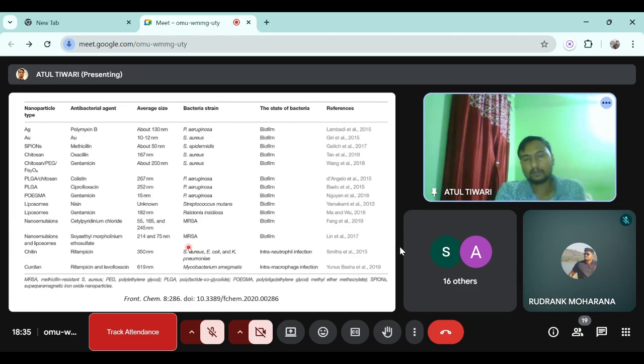As the title of this talk suggests, these are traditional antibiotics.